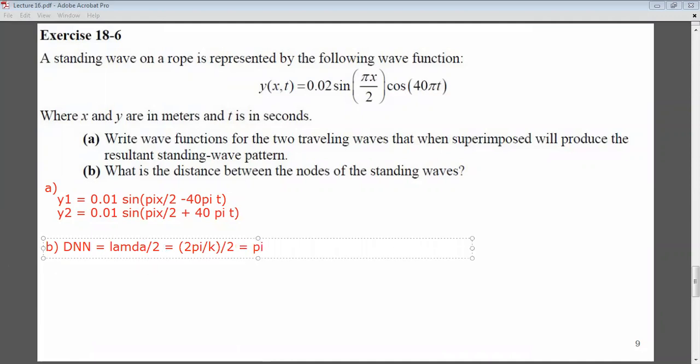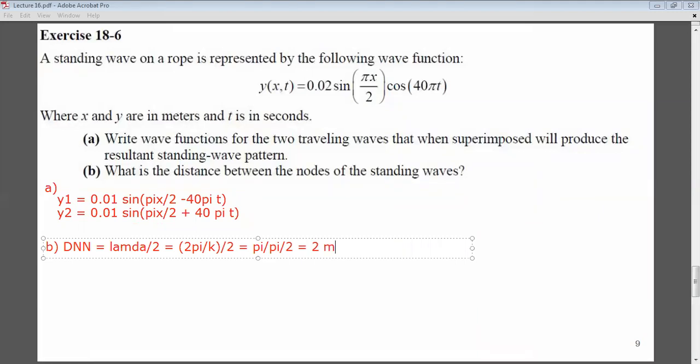So how much is k? K is pi over 2, so the distance is 2 meters.